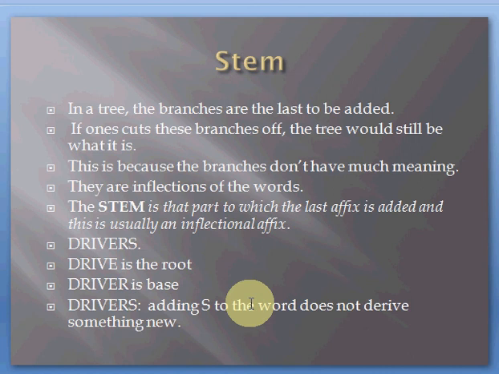It means that while adding s, that is an inflectional morpheme. So what we have done, we have just shown the plurality, but we haven't changed the class or the meaning of that particular base. So here drivers is the stem because it has taken s with it.